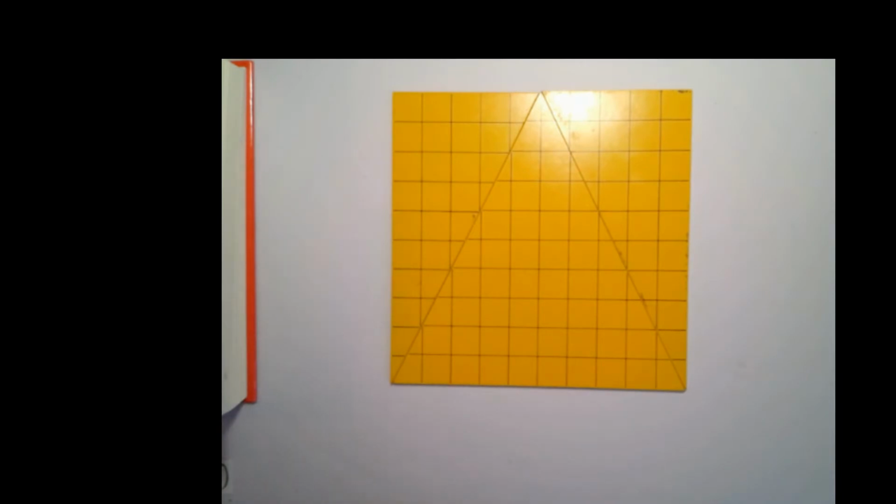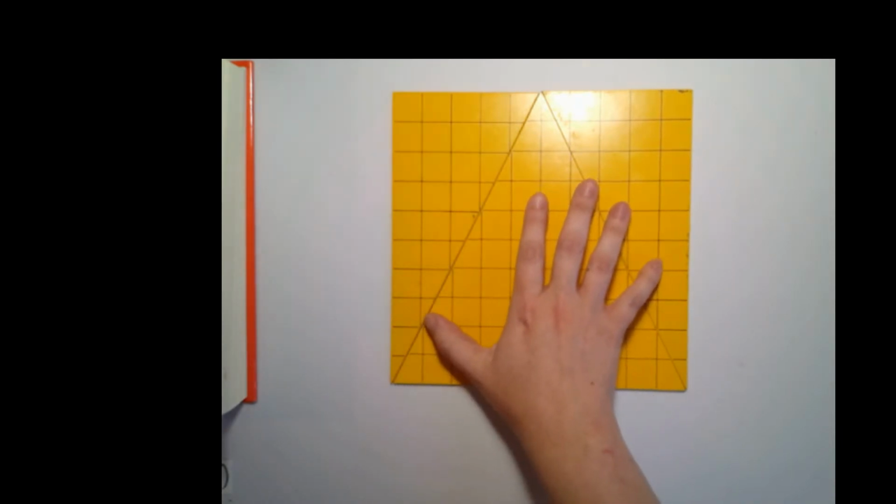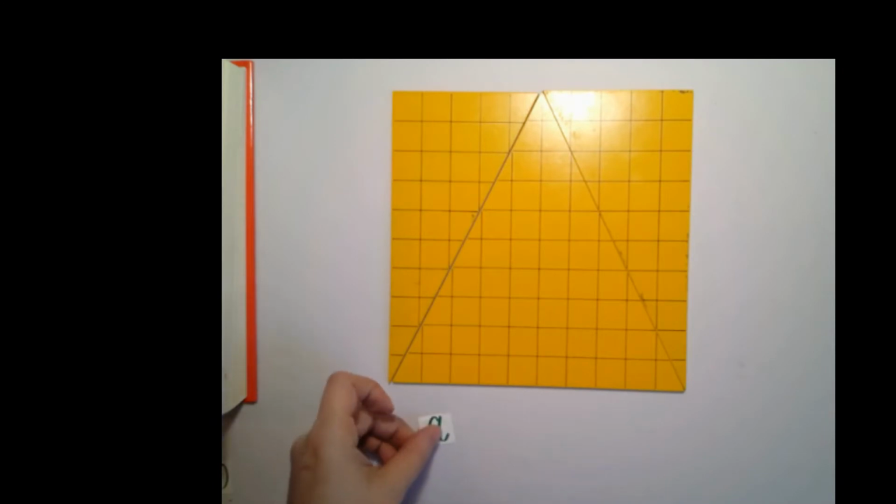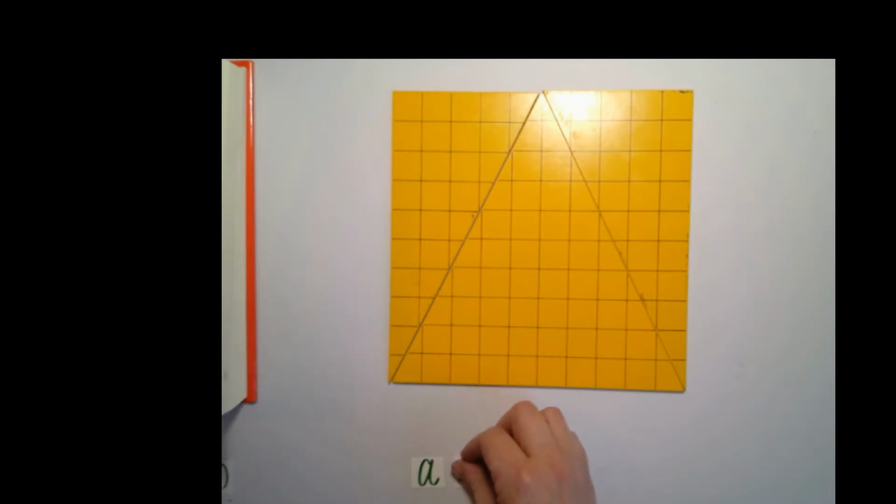So our formula for the area of an acute triangle like this one, for this situation that we've just done where we've doubled the area, is area equals the base times the height.